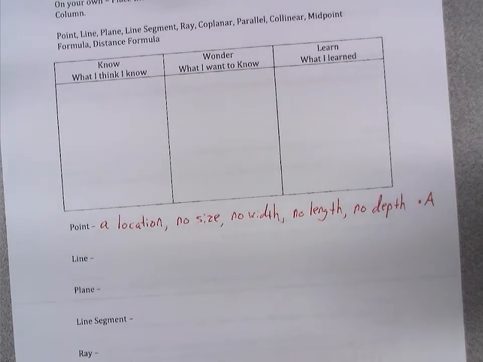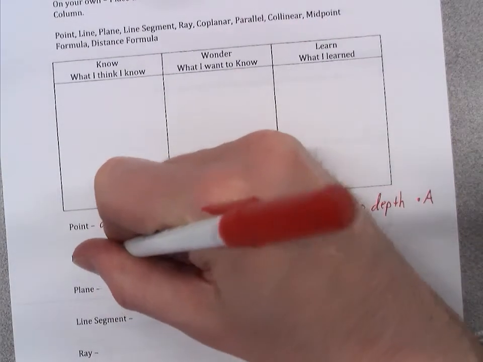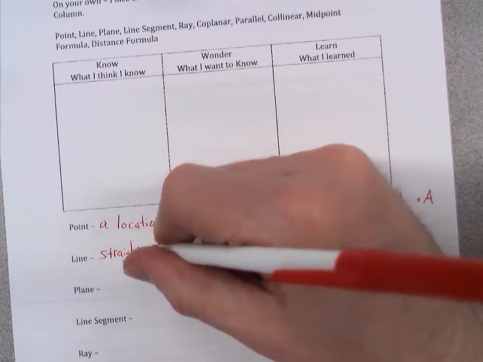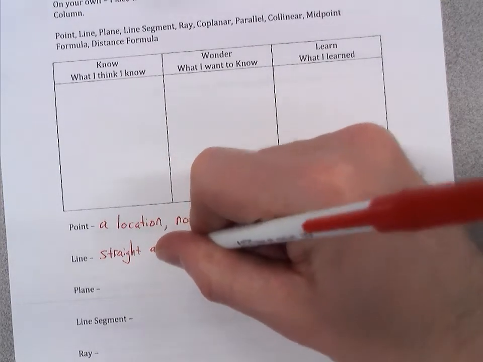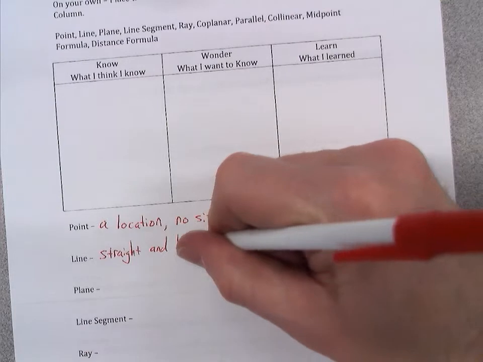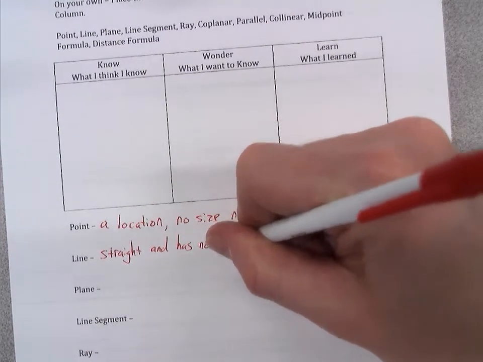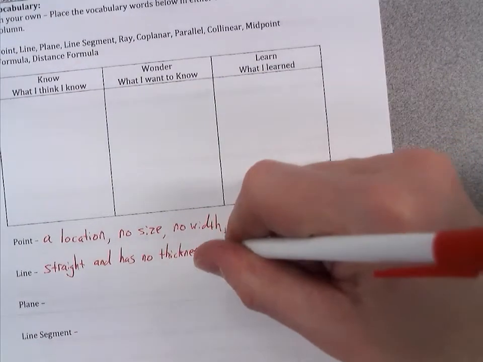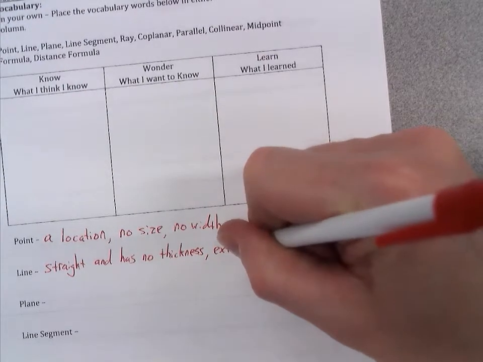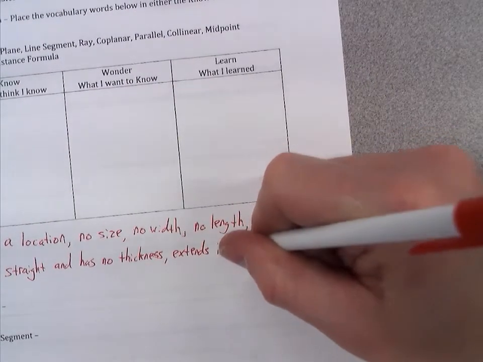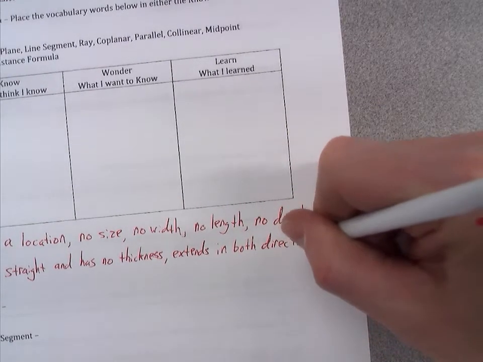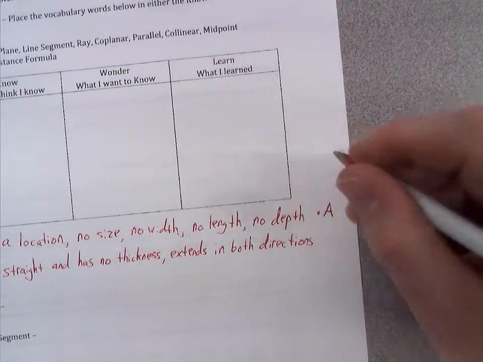All right, the definition of a line is that it has to be straight and has no thickness, extends in both directions without end.